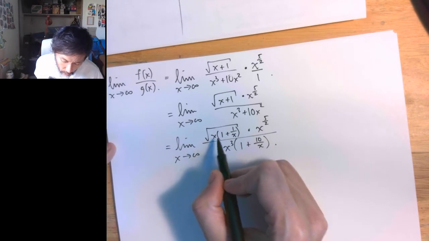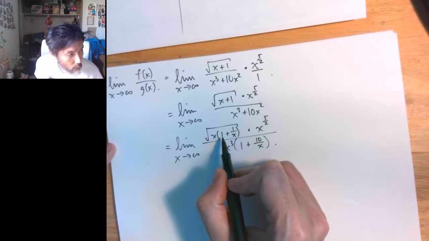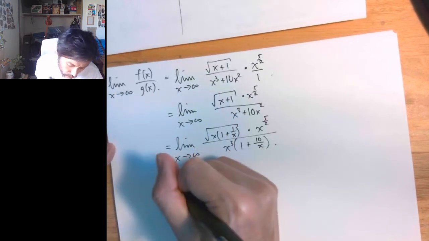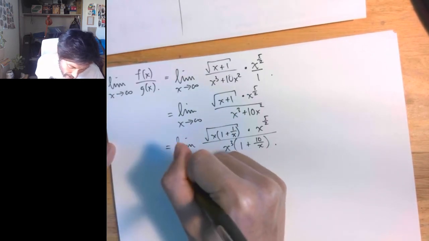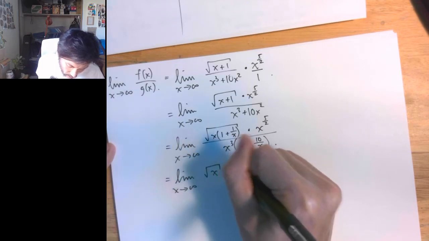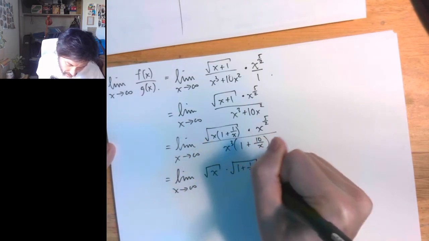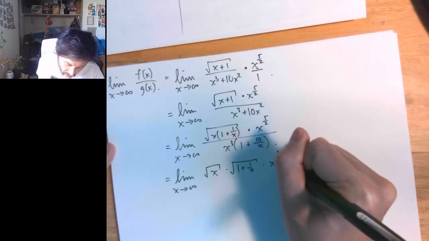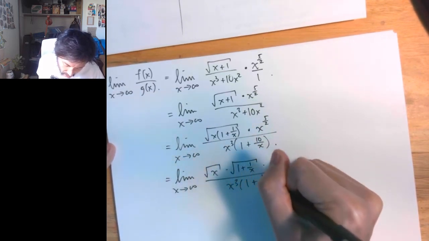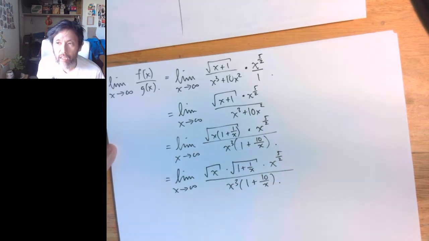Now, the square root of a product of x times 1 plus 1 over x, the square root of a product is the product of the square roots. So this is the same thing as the limit as x goes to infinity of the square root of x times the square root of 1 plus 1 over x times x to the 5 halves divided by x cubed times 1 plus 10 over x. You agree?